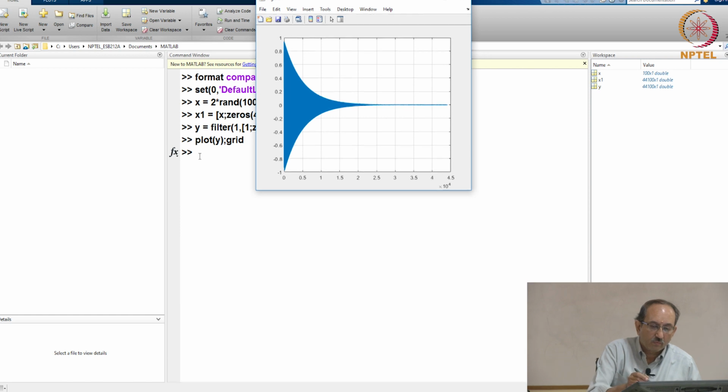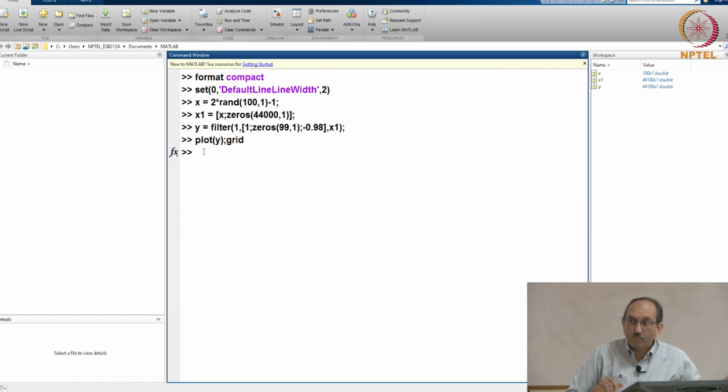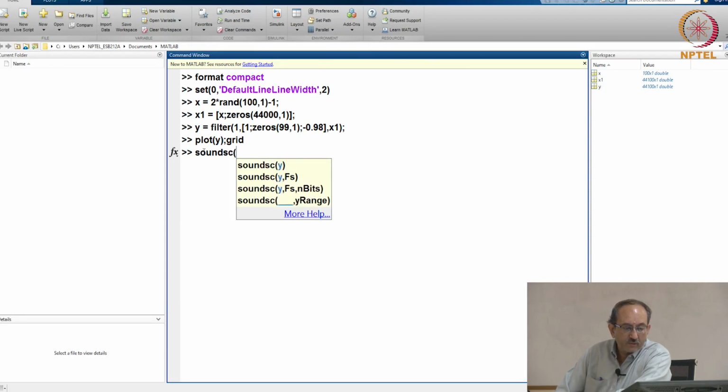Now what I am going to do is I am going to play this. soundsc will take the vector y, and soundsc will actually scale it. MATLAB expects the vector to be within a certain range.